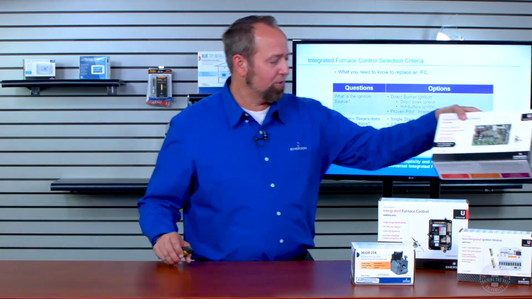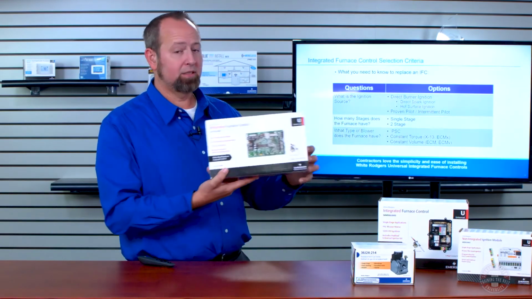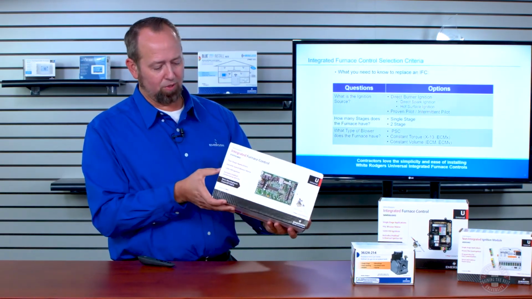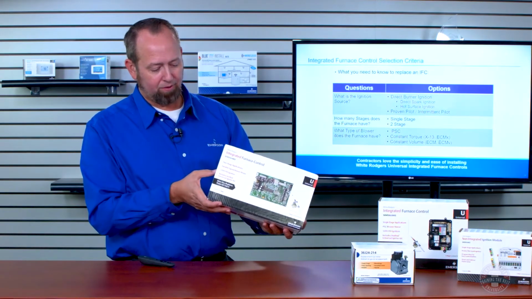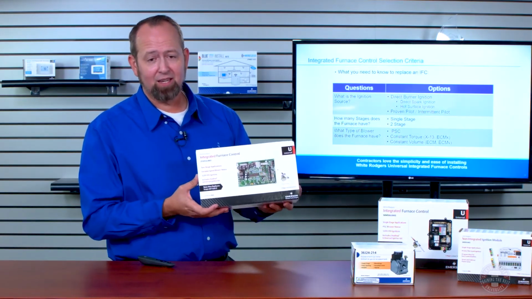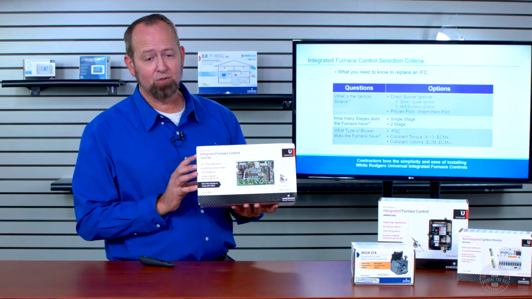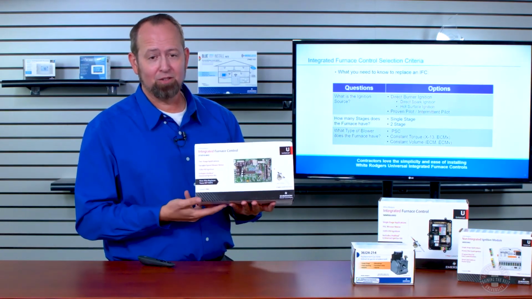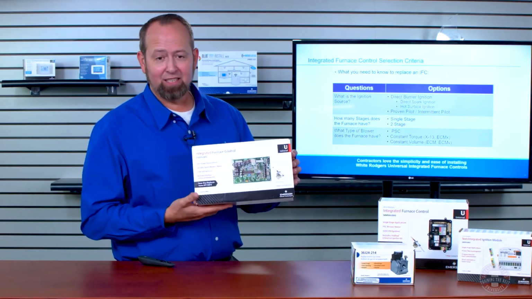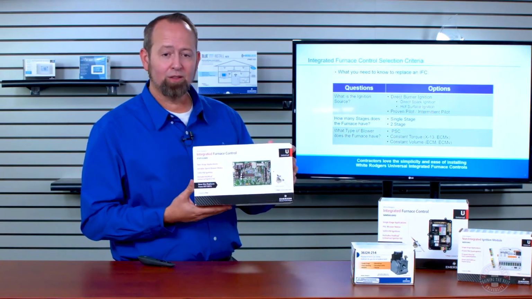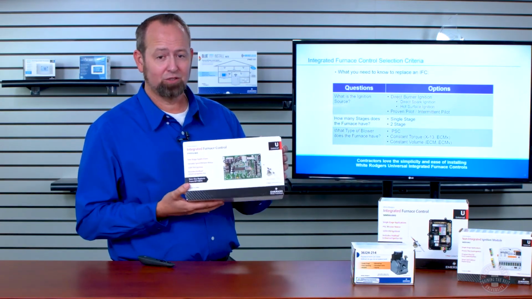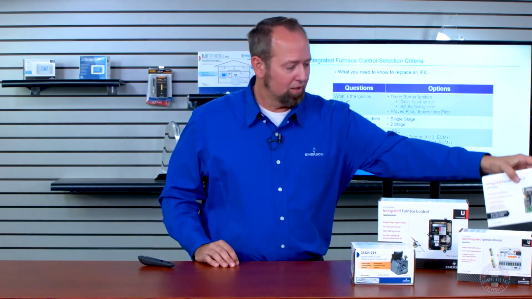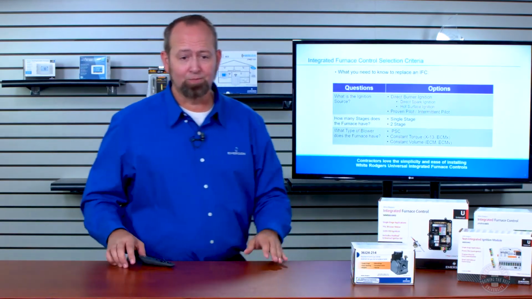The other control that we have up here is another great universal control, the 21V51U843, and the V in the middle kind of gives away the blower. It is a variable speed, or an ECM blower that this works on. It also has two stages, but it is as well a universal control.